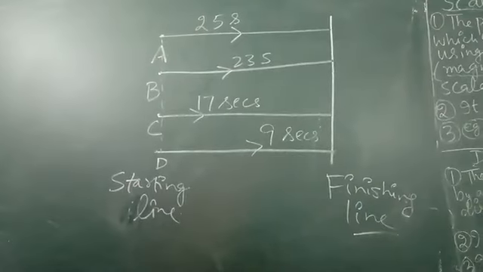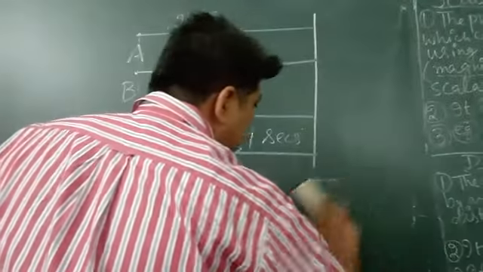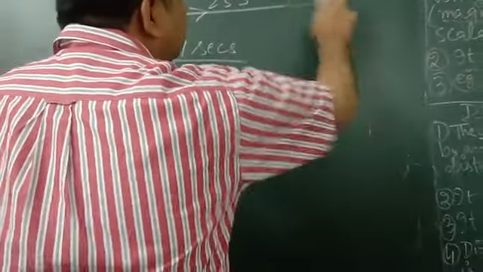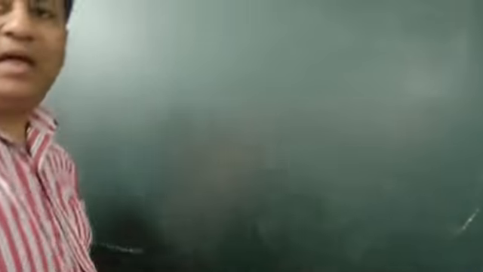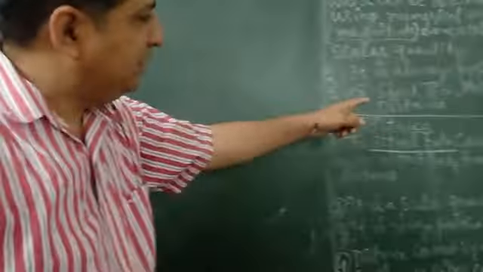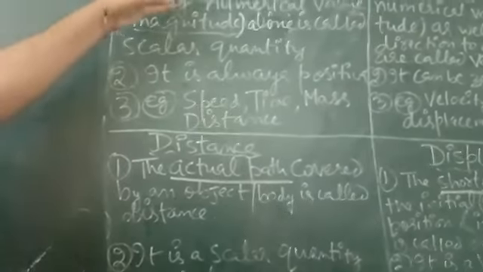Okay? You're already familiar with the term speed. So we always look at our speedometer and we can tell the instant speed with which the car is moving at that time. But speed, as I told you, is a scalar quantity.